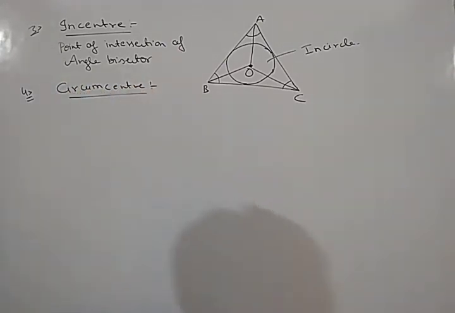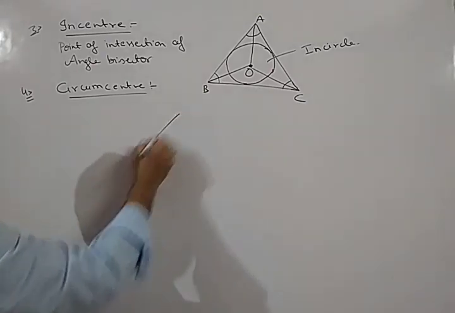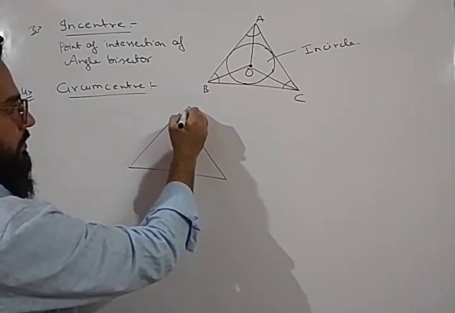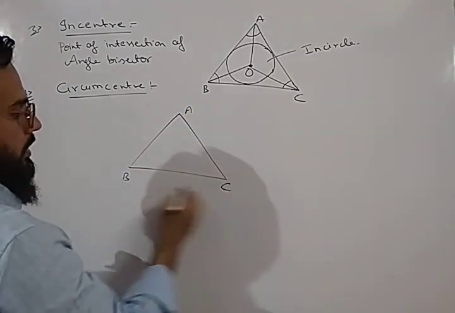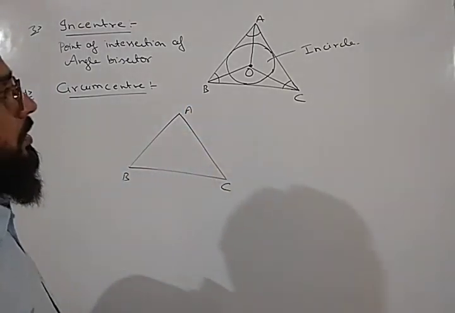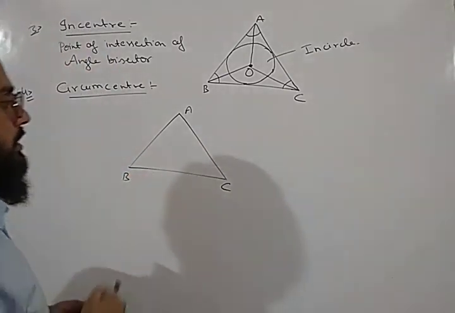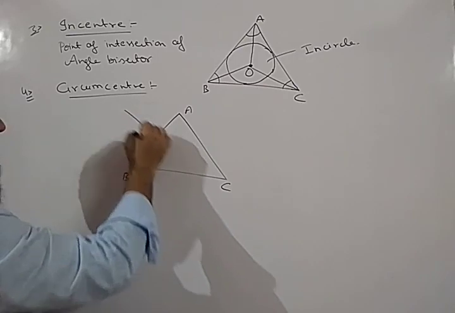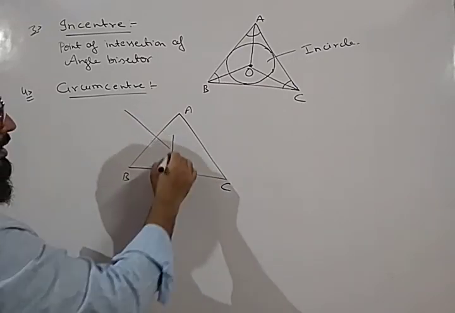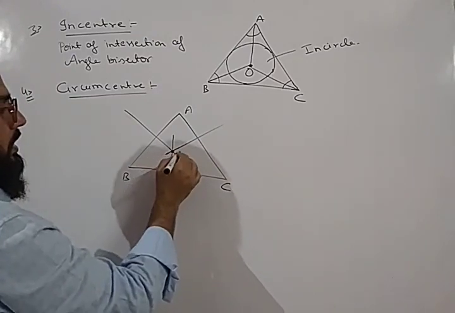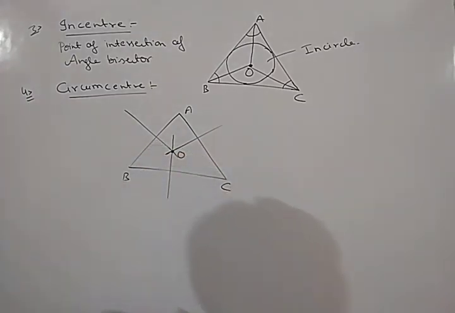Now what is circumcenter? Circumcenter, if we have taken this triangle ABC, and if we draw the perpendicular bisector of all the three sides, if you draw the bisector of side AB, side BC and side CA, then this point will be called as circumcenter.